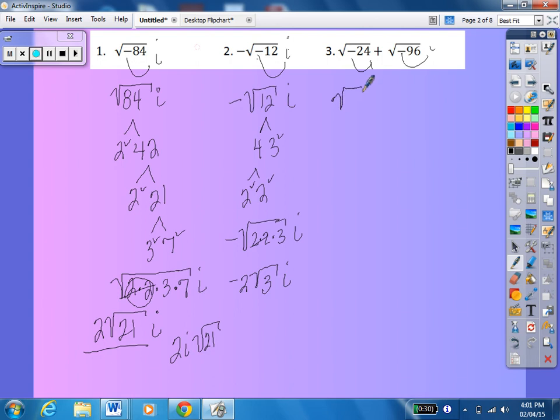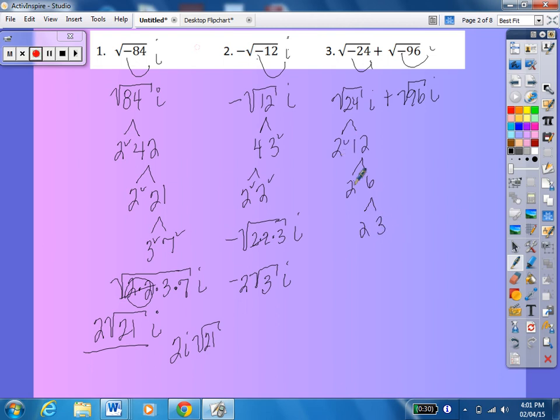So we have the square root of 24I plus the square root of 96I. And we have to continue working these out separately, and then we're going to add them together. So 24 is going to break down to 2 times 12, 2 times 6, and 2 times 3.